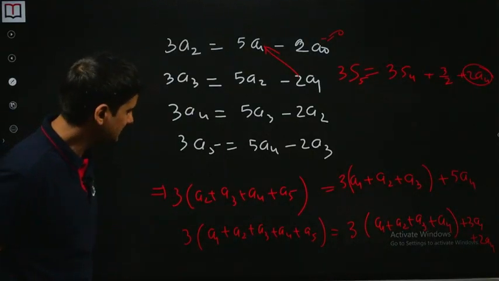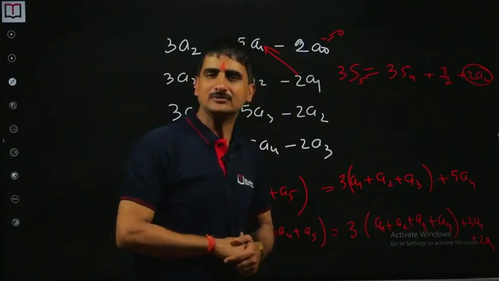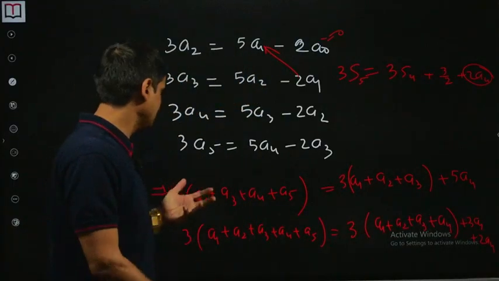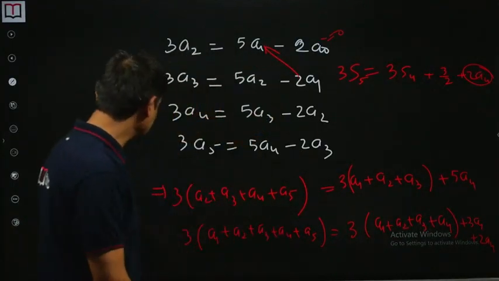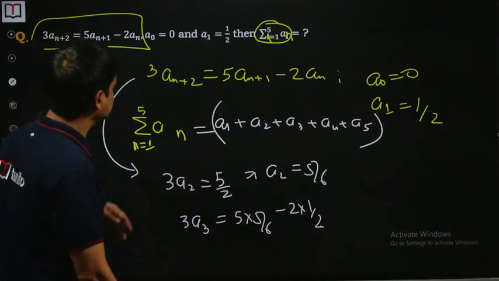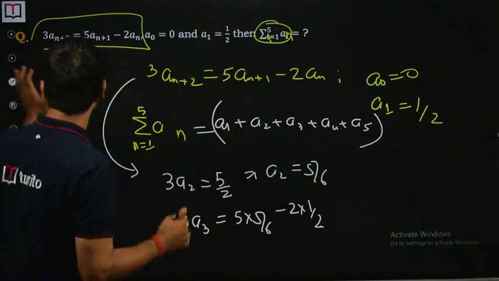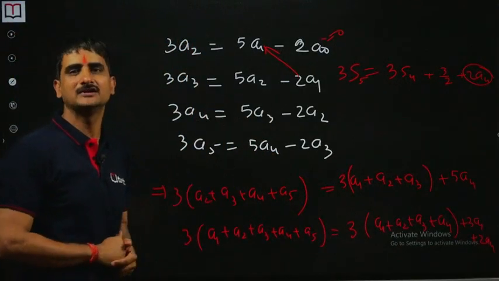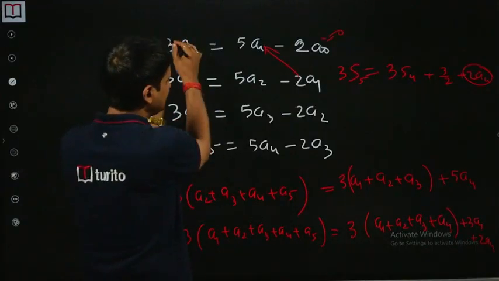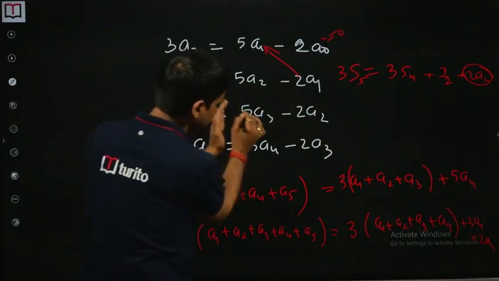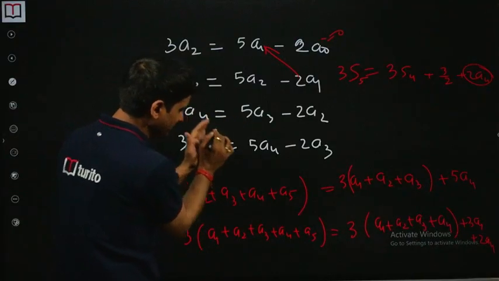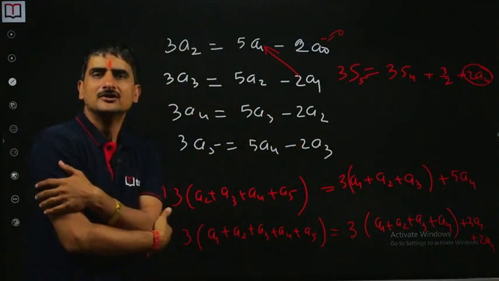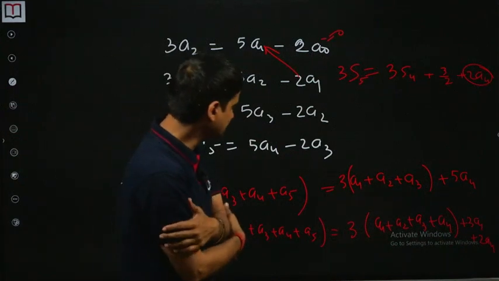Actually what I was thinking, that we'll get a pattern between these two numbers, but then maybe I would have mistaken somewhere. See, that's what I analyzed, because when I thought about solving it, I realized that if you go on adding them, the terms are getting cancelled. If you just go on adding them, 3a3, 5a3, 2a3 gets cancelled, 3a4, 5a4, 2a4 gets cancelled. So the terms will go on getting cancelled.